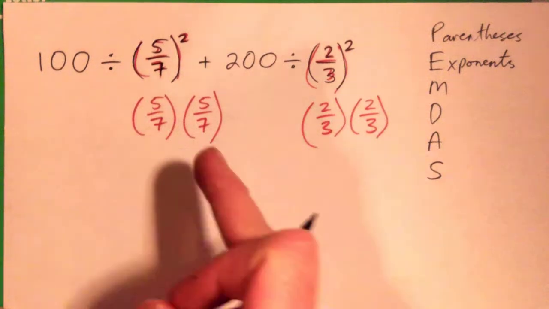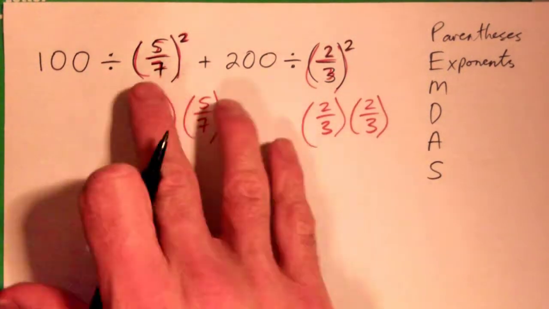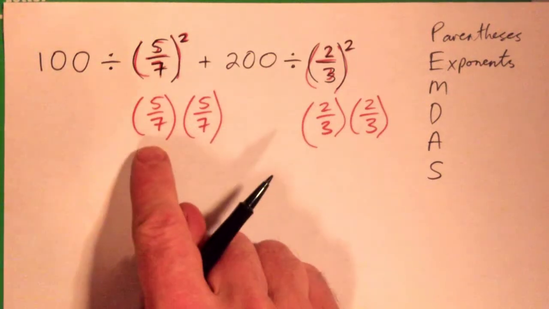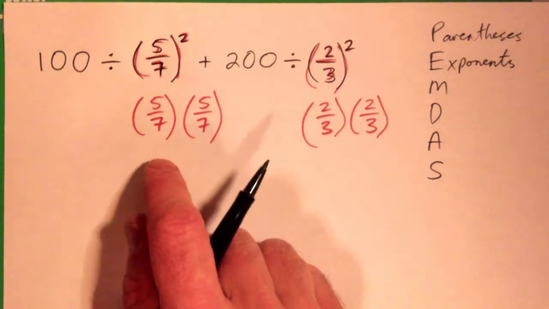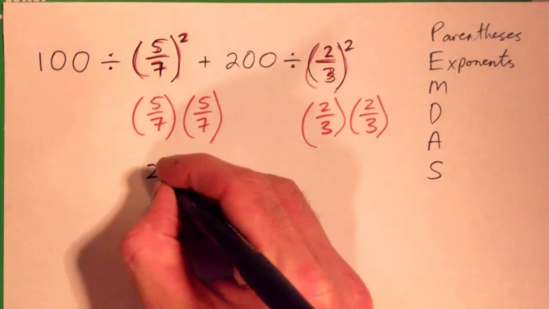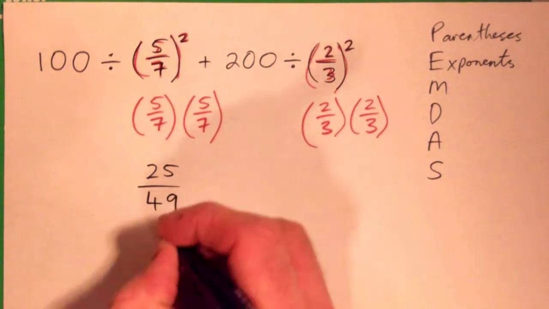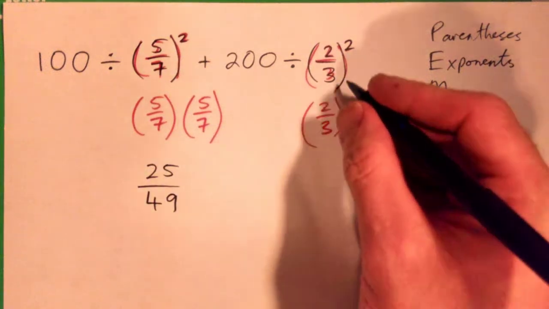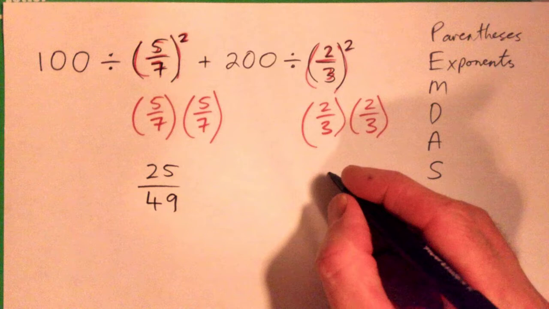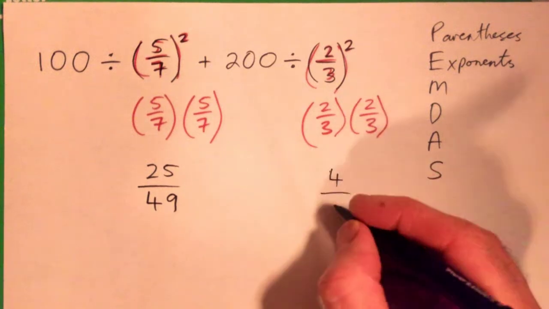So let's just calculate each of these with our exponents. What do we get for this one? Multiply the tops, 25, multiply the bottoms, 49. And for this one, multiply the tops, 4, multiply the bottoms, 9.